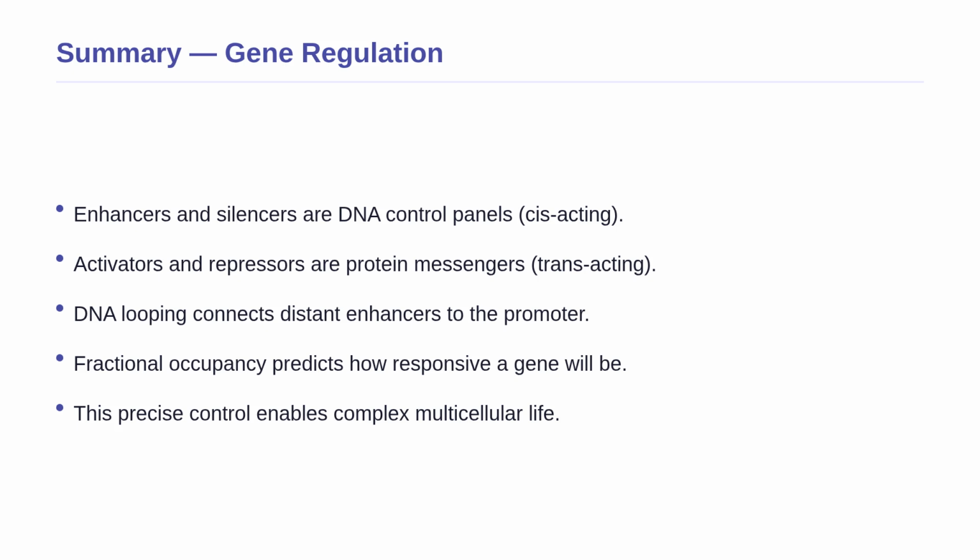Third, we saw how DNA looping physically connects these distant elements. Finally, we used mathematical models like fractional occupancy to predict exactly how a gene responds to cellular signals. By mastering these interactions, you now understand the fundamental mechanism that allows a single fertilized egg to develop into a complex human being.